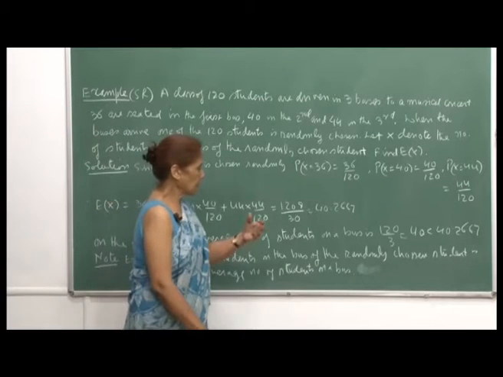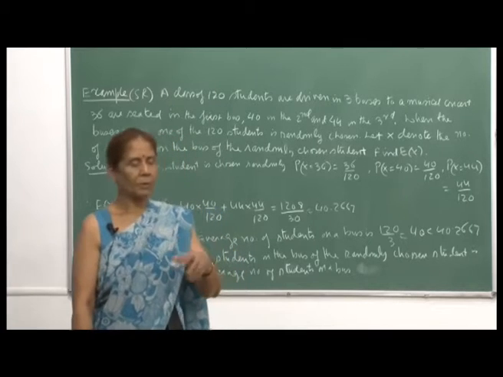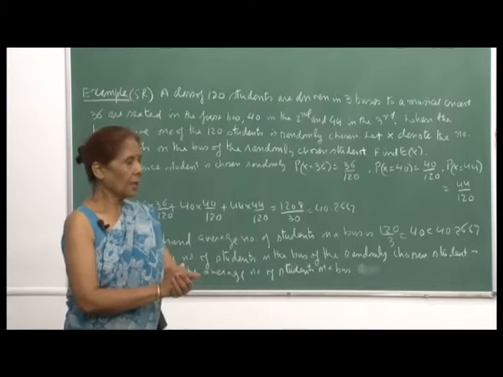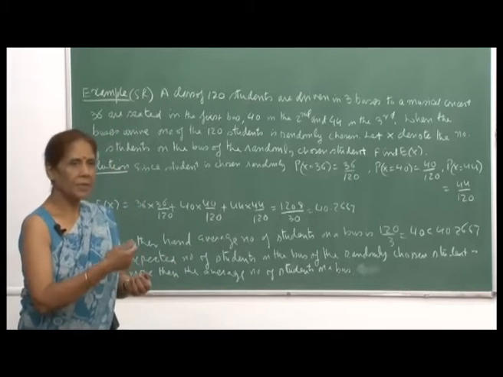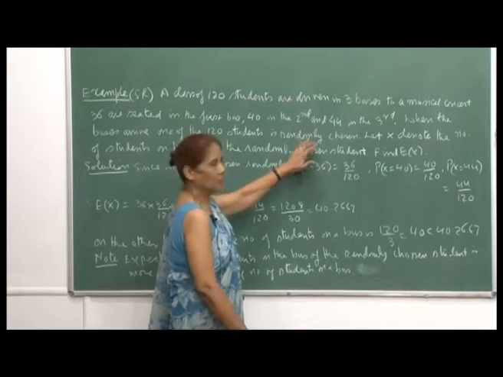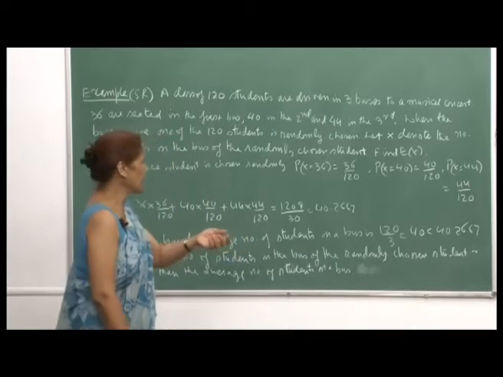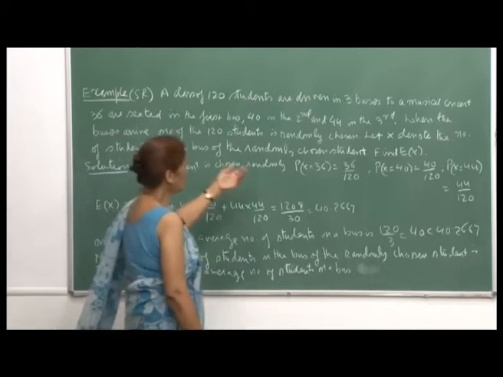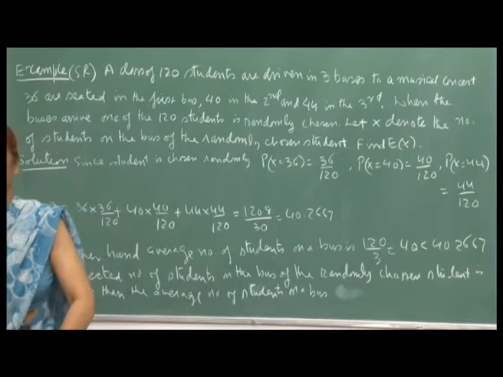Because the more the number of students on a bus, the more possibility of that student being chosen, because a larger number of students are coming from that bus in which more students were travelling. So, the possibility of choosing that student is higher than choosing from other students.